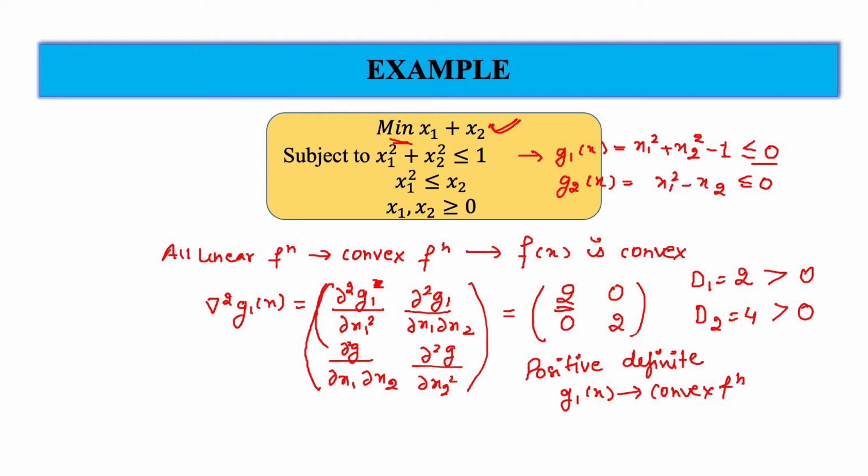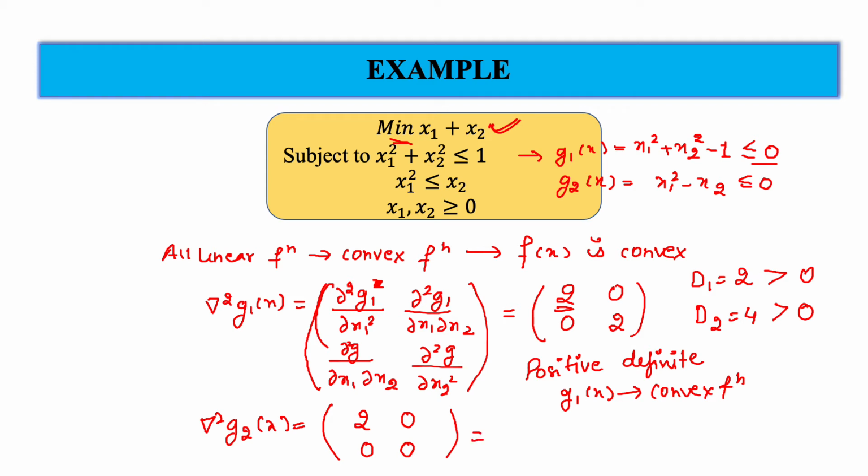Similarly we will do for g2(x). For the second constraint, my Hessian matrix will be 2, 0, 0, and 0.